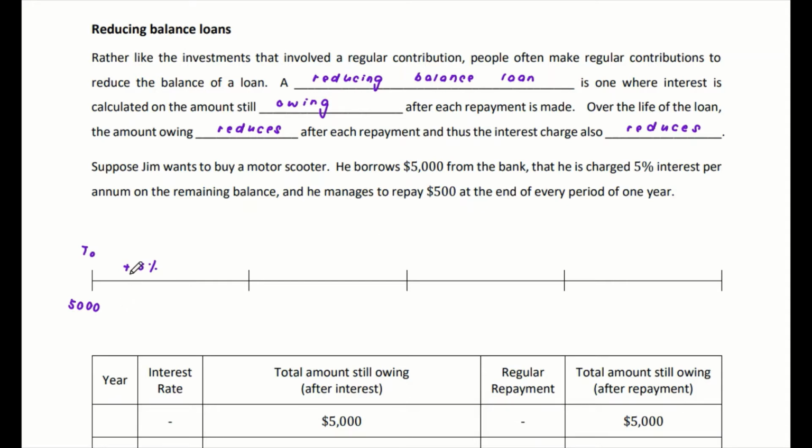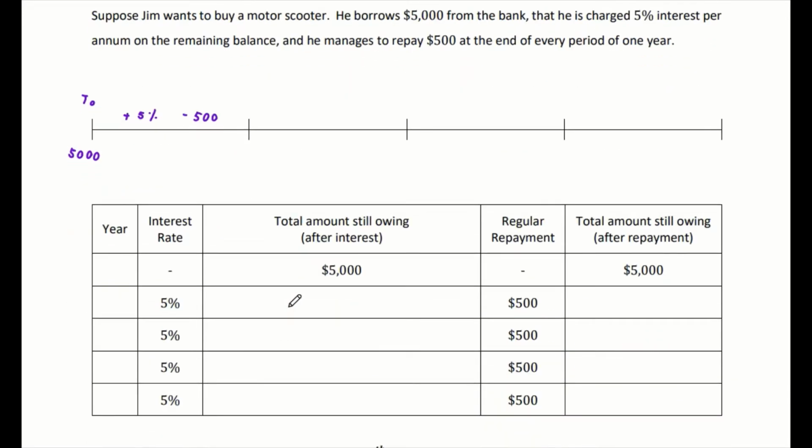So the amount of money he owes after adding 5% interest, he then repays $500 at the end. From that, we can get the value that Jim is still owing at the end of the first year.